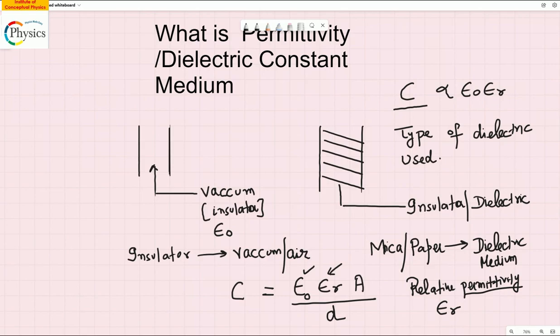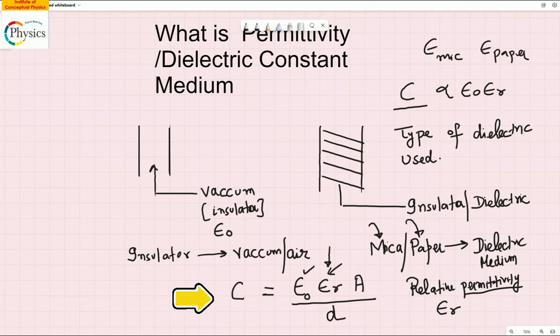It is very much dependent on the type of dielectric. If you choose mica, you can get a different capacitance. If you use paper, you will get a different capacitance, because the value of epsilon r is different from mica. So you will write epsilon mica, epsilon paper. The values are given in the questions when you solve them.